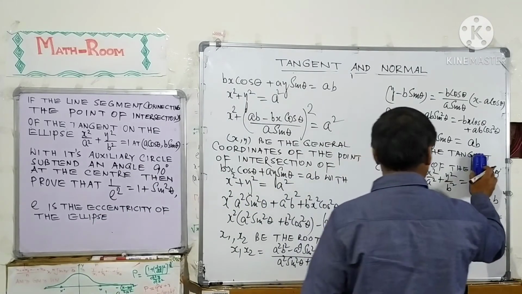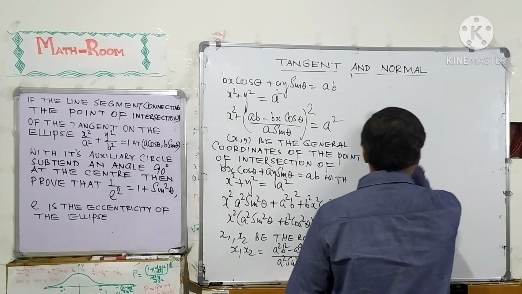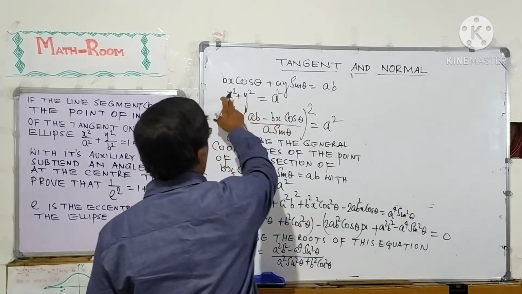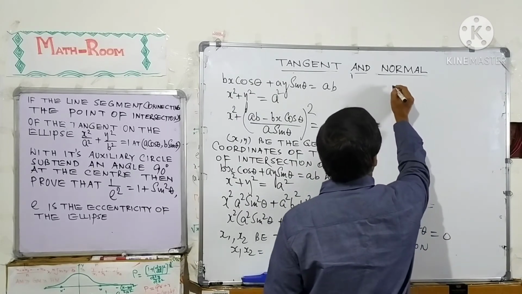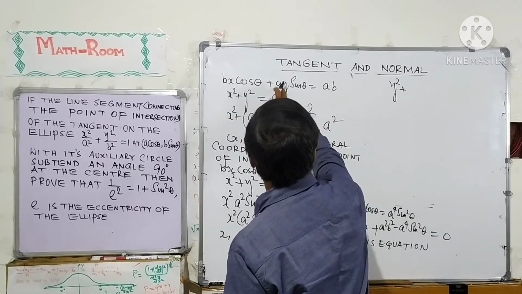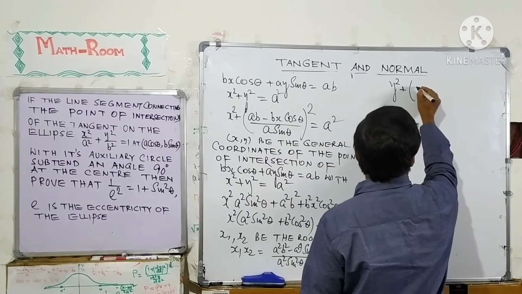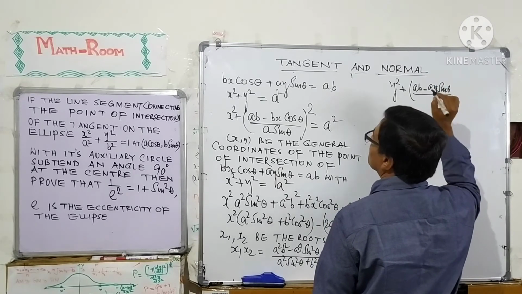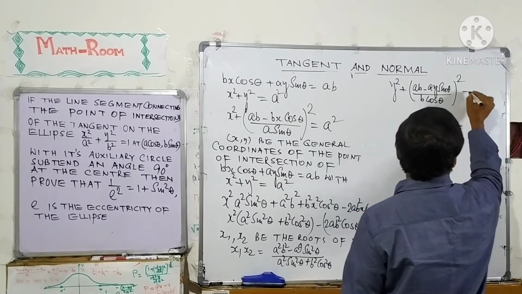Similarly, if we replace x using this equation, we also get y square plus, replacing x using this equation, we can write the value of x is (ab minus ay sin theta) over b cos theta, whole square equal to a square.